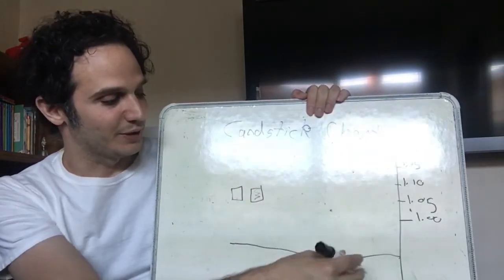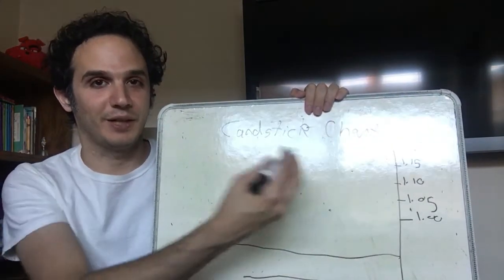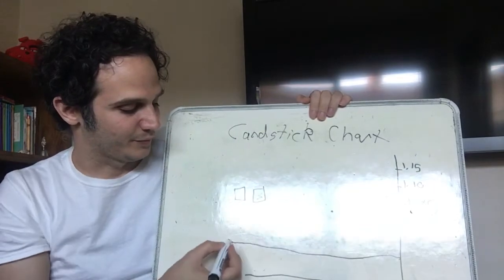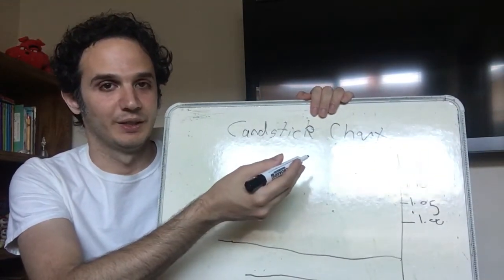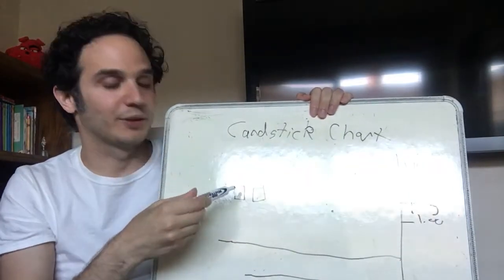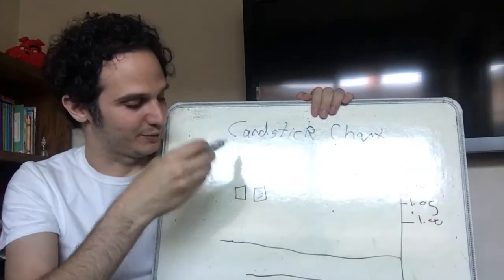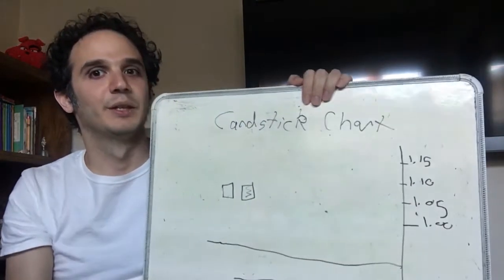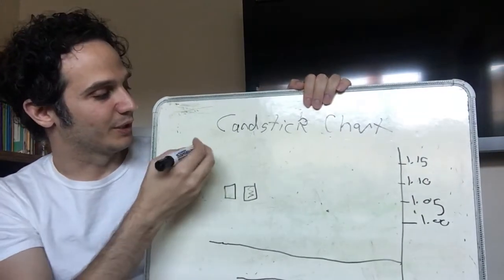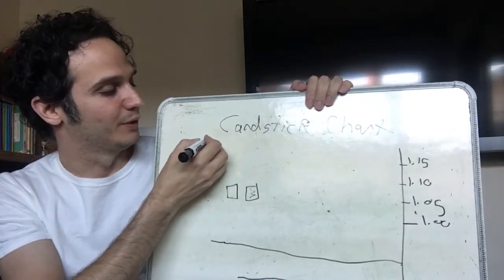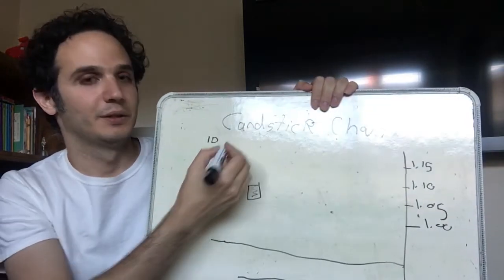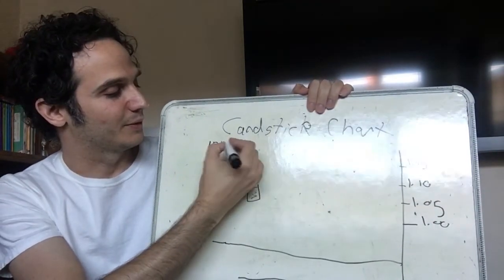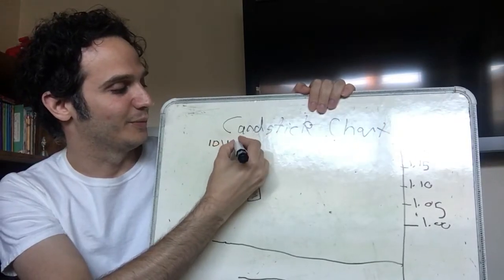Okay, so down here we'll have a time frame. When you're looking at a candlestick chart, each candle will represent a specific time. So maybe you might be looking at the 1 day, 1 minute chart.